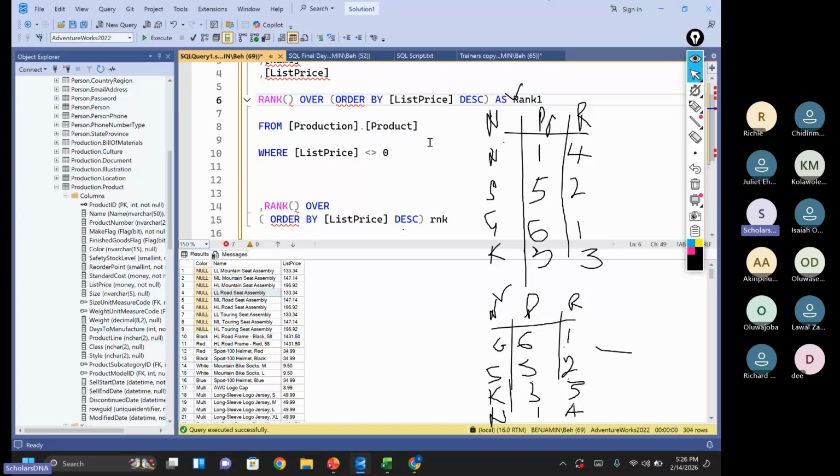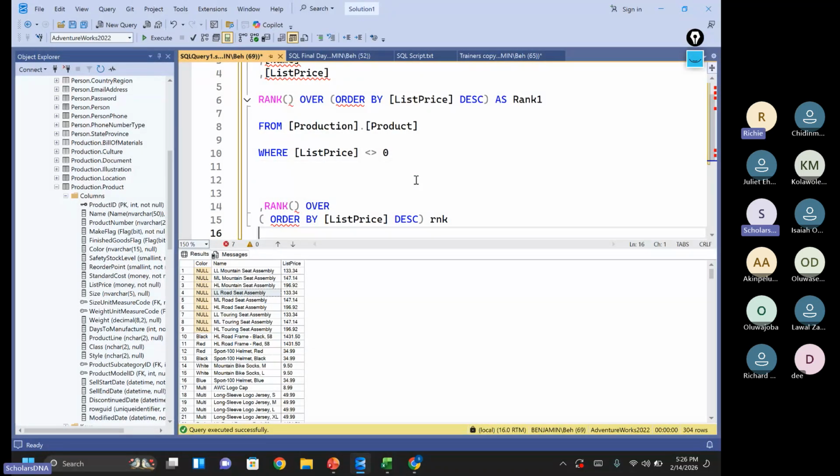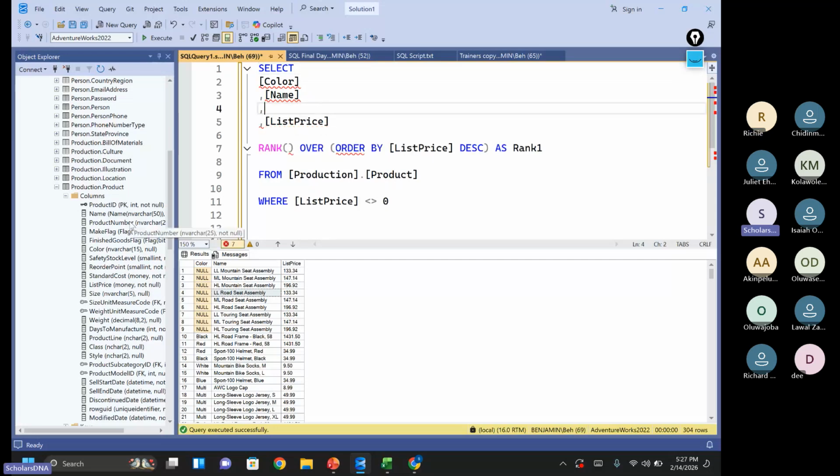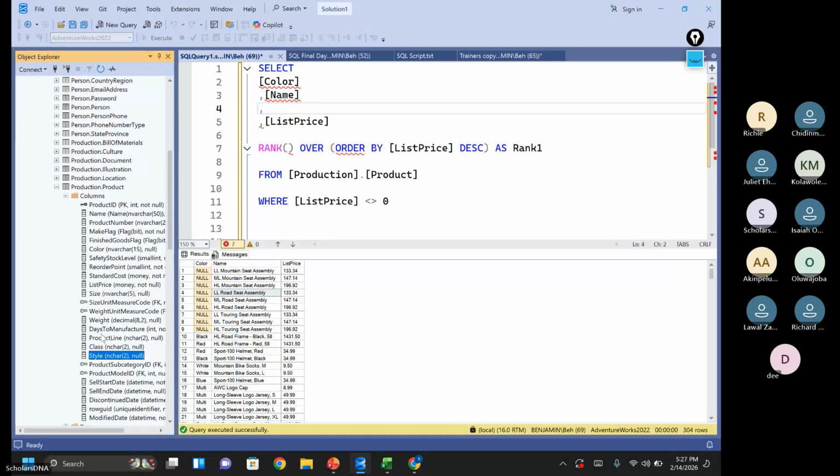So let me tell you what I did again. Let me take away this so that it can be clear to you. I'm saying, please select color, name, list price. Maybe I should add one more thing, class. So I'm saying select color, name, list price, and class.